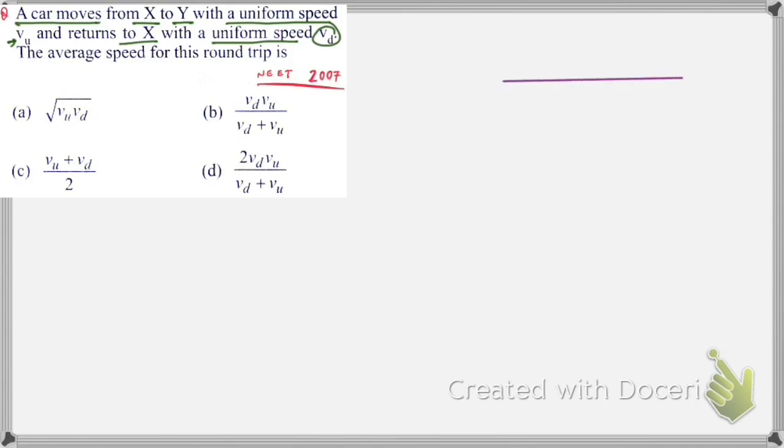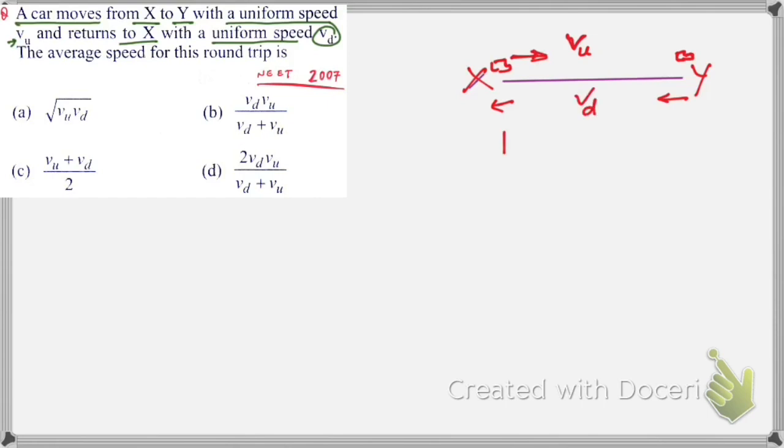So here you say this is point X, this is Y. A car from this X position moves to Y, again it comes back to the initial position, and from X to Y it moves with the uniform velocity VU, and comes back with VD, right?